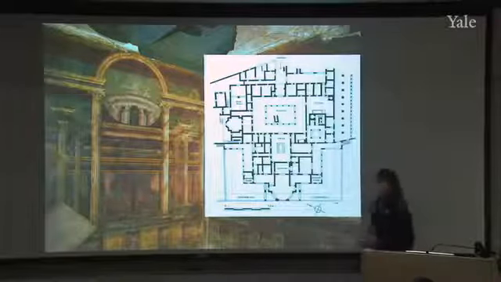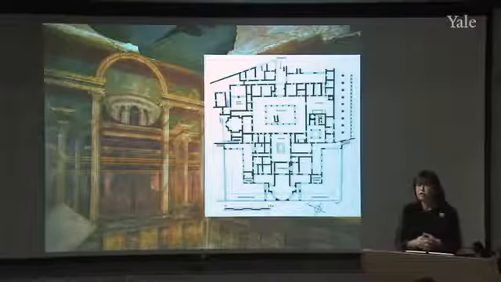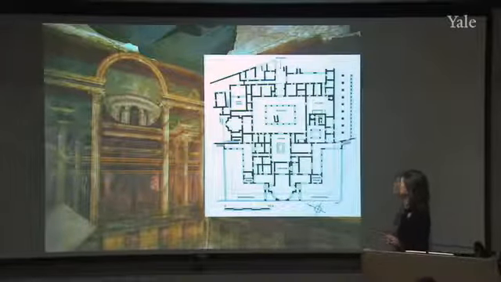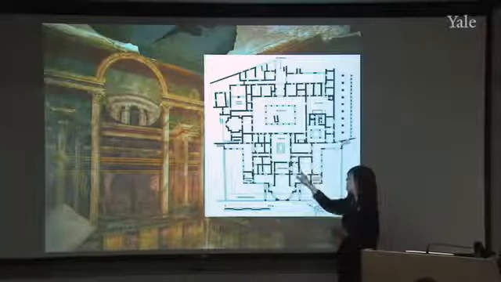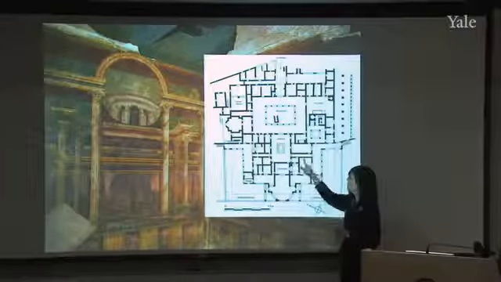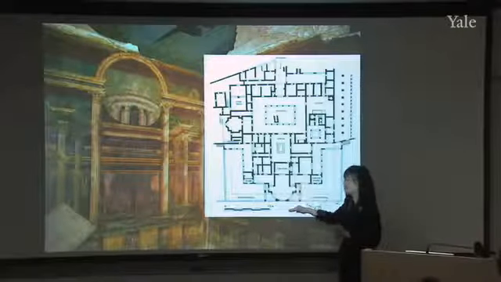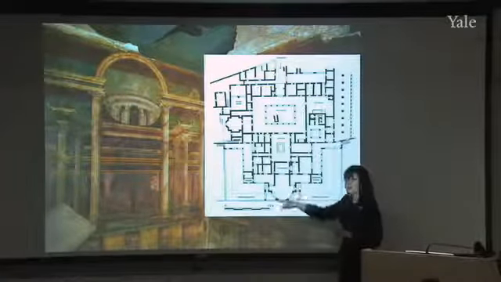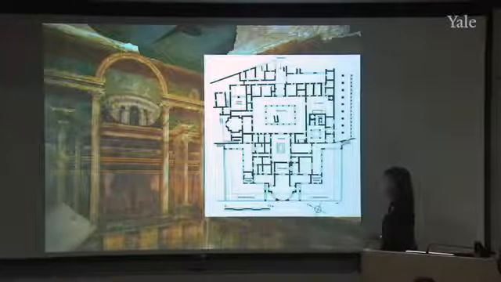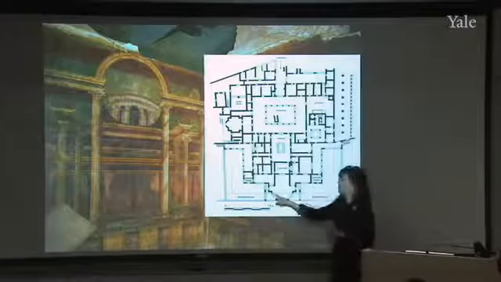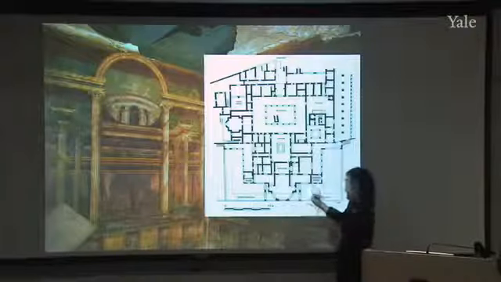The room that I want to turn to today, also in the Villa of the Mysteries, is room 5. Room 5 is located over here. You see it right to the right of the tablinum and close to the southern side, close to the great bay window that was added in phase 2 to provide magnificent views out over the sea.